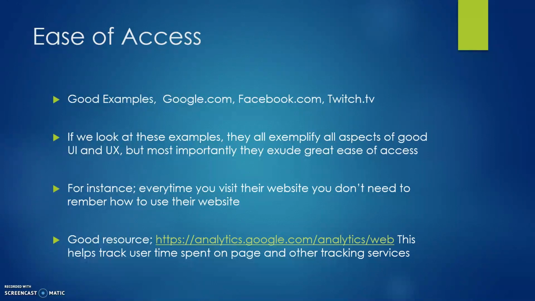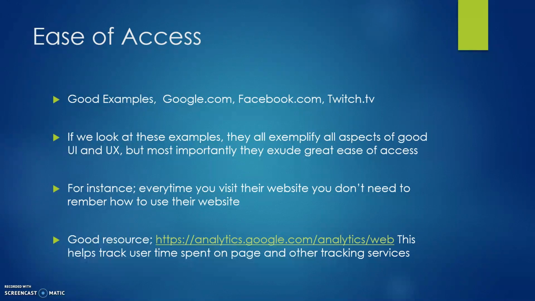And every time you visit the website, you're able to retain the information you learned from your previous visits and apply that to your next visit and say, okay, I don't need to spend time looking for things because I know where it's at, and you just instantly do what you want, and it allows all those factors to play in tandem with each other.